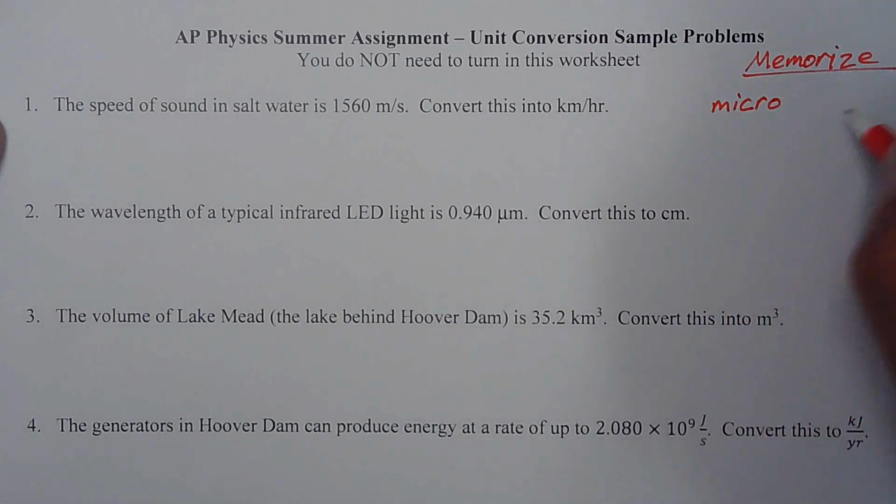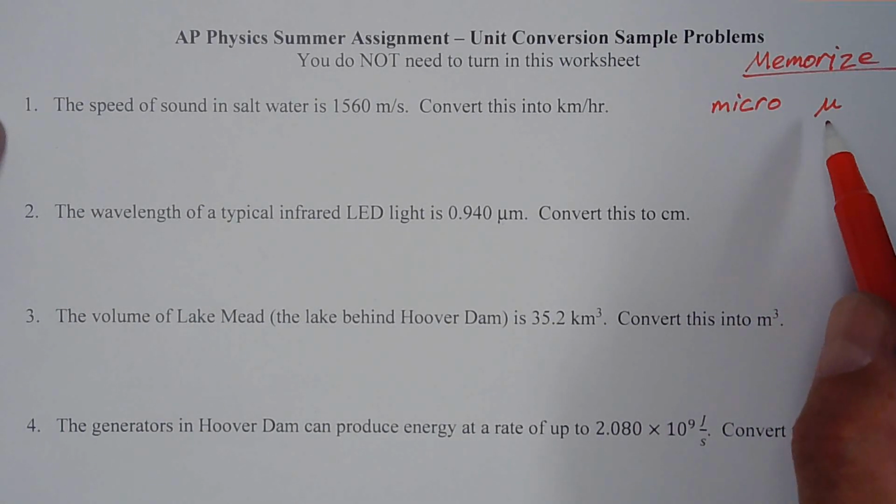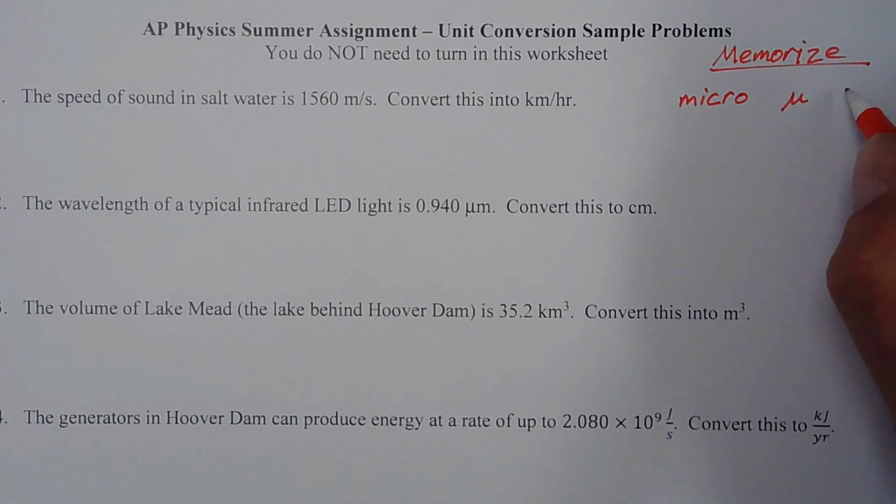Micro, which is this thing that looks like a U, is actually the Greek letter mu, and that means 10 to the negative 6th, or 1/1,000,000th.